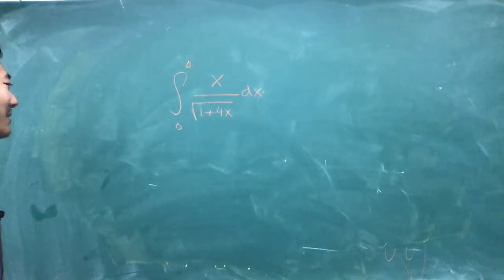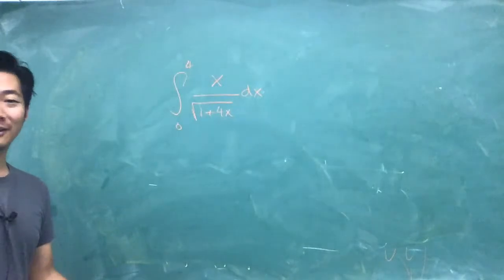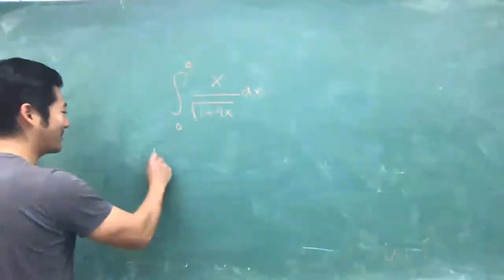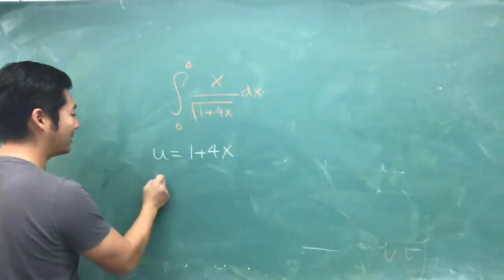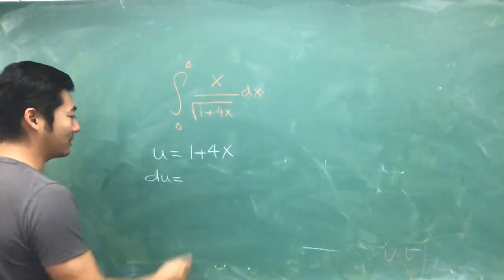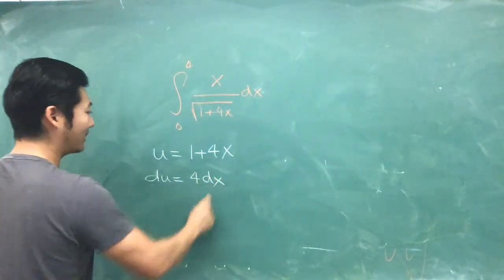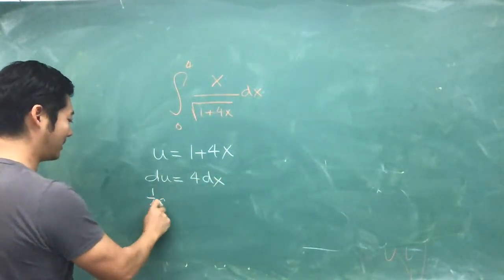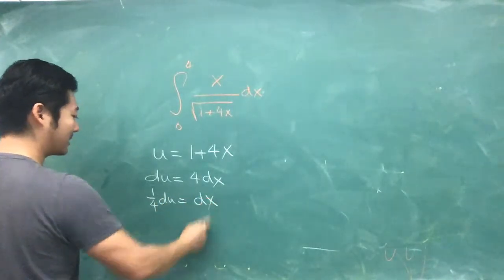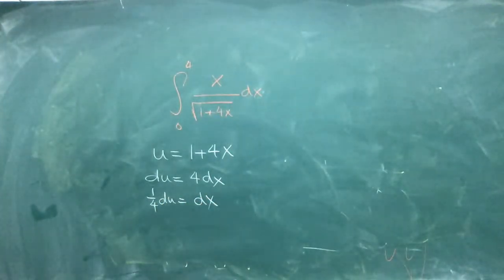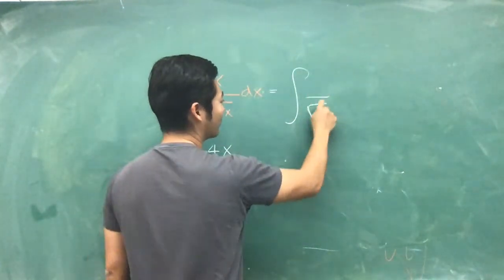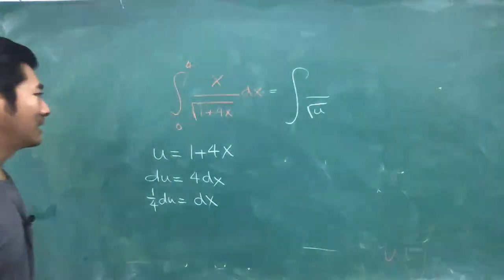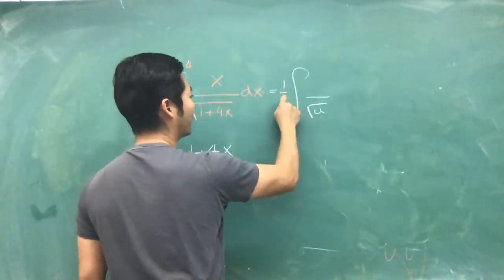Anyways, a lot of times if you just pick u as the most complicated part, then something good happens. So if you let u equal 1 plus 4x, then du is equal to 4 dx, so 1/4 du is dx. This integral becomes square root of u, and dx is 1/4 du.